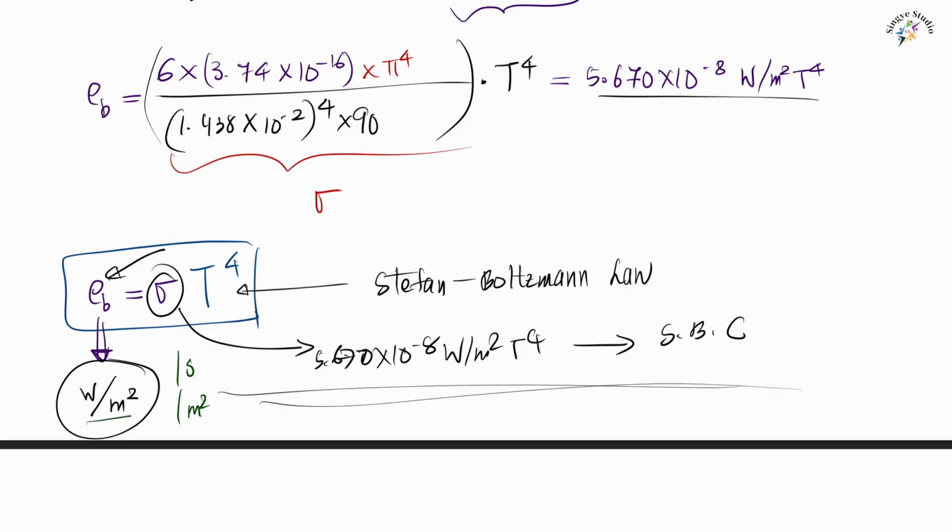This has this unit, and you can see that this expression is what Stefan-Boltzmann's law is. And of course, in this T raised to 4, T is the absolute temperature. So this is in Kelvin.